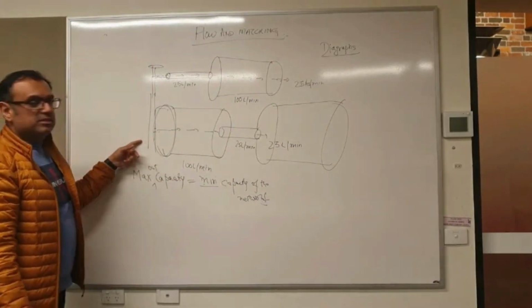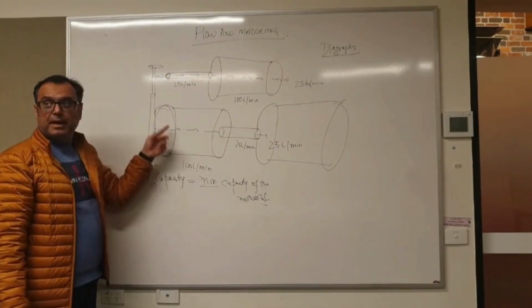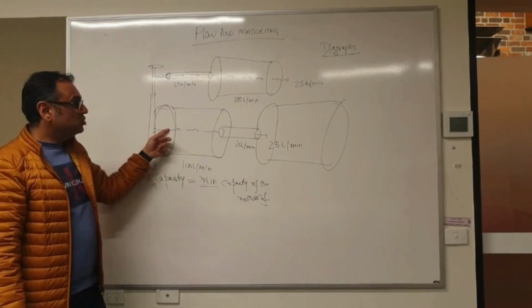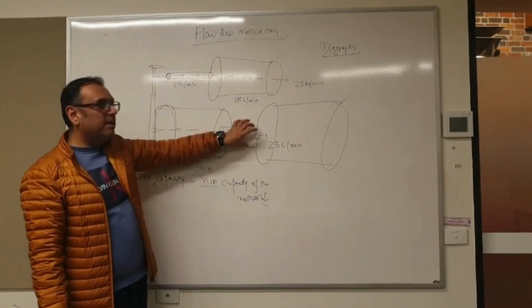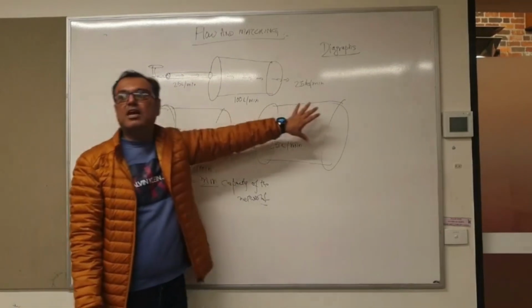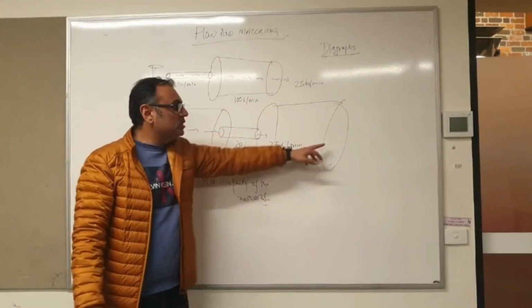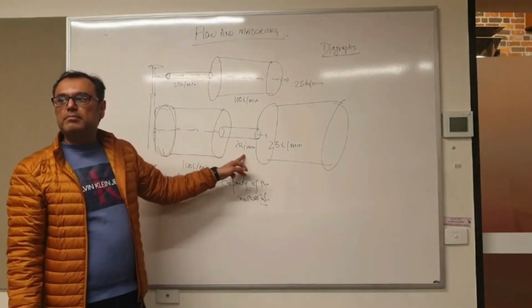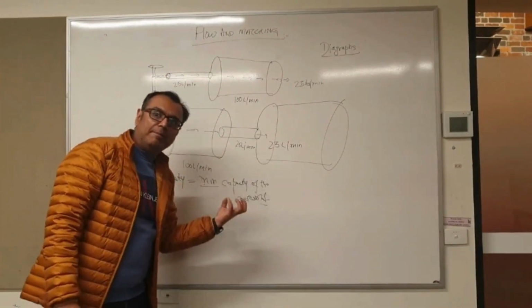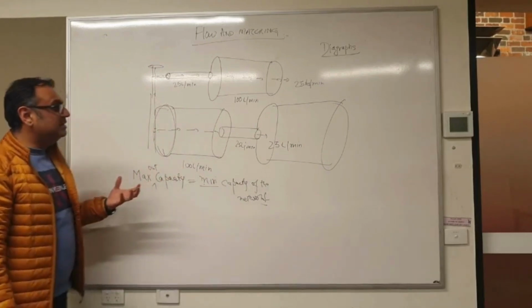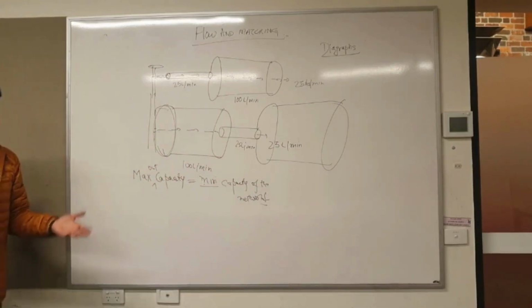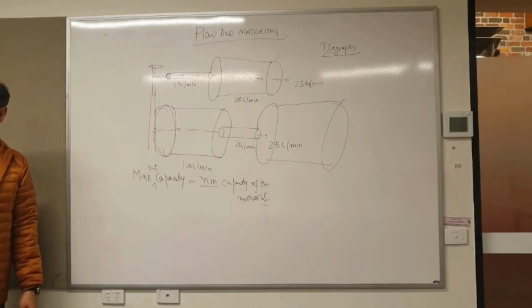In here, same story. If you've got a bigger pipe attached to the source, throwing a lot of water, but then you've got a smaller pipe attached to it, and then another larger pipe attached to it, what's the final output? The minimum. So look at the minimum capacity, and that will be the maximum output from source to the target.